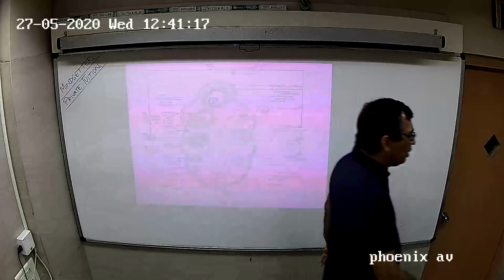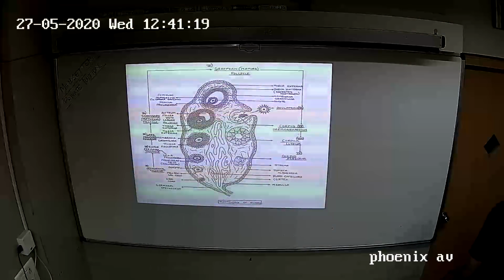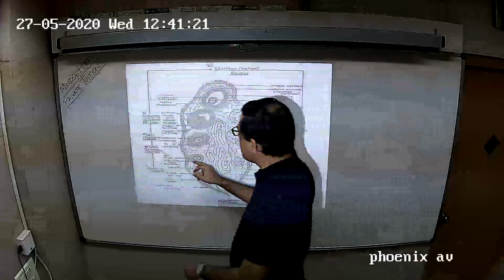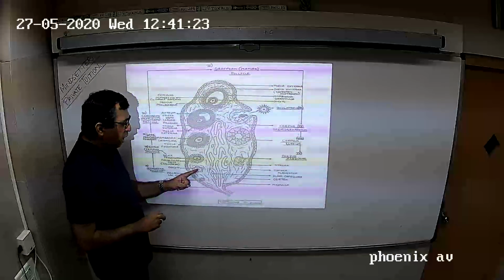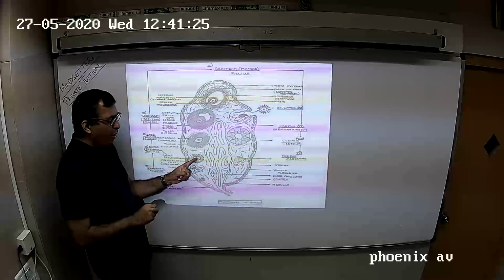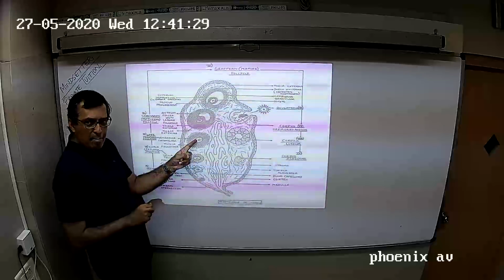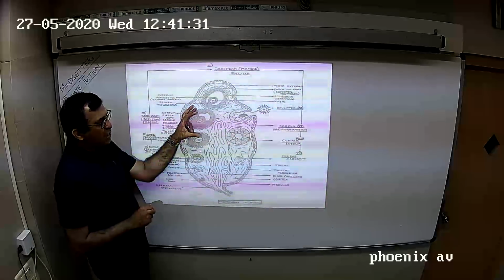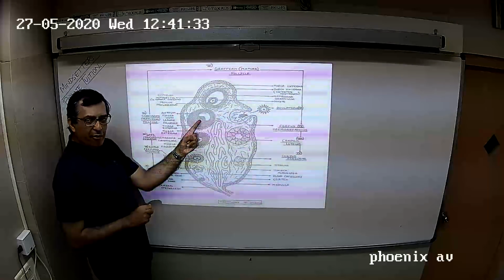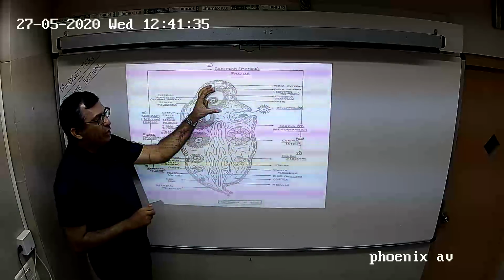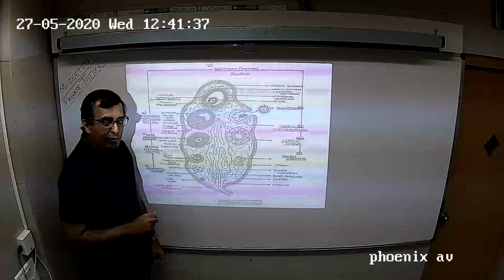Primordial follicle first becomes the early primary follicle, enlarges further to become the late primary follicle, enlarges further to form the secondary follicle, enlarges further to form the Graafian follicle.